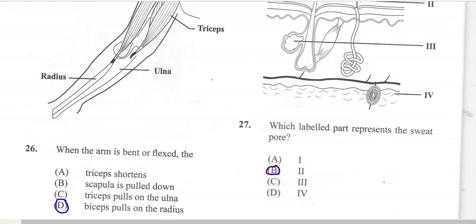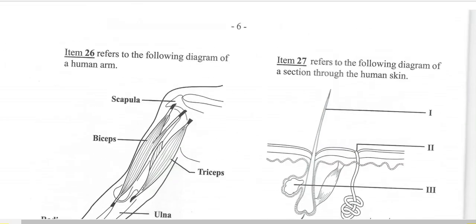We move on over to question number 27, which is a repeat question, but sadly, while the diagram is pretty much the same, the question might be a little different. So we want to ensure that we don't go around and swat these questions A, B, C, D. We might very well get out of the exam as a failure. We need to understand the question. We need to have a great appreciation for what is being asked and why the answer is what it is.